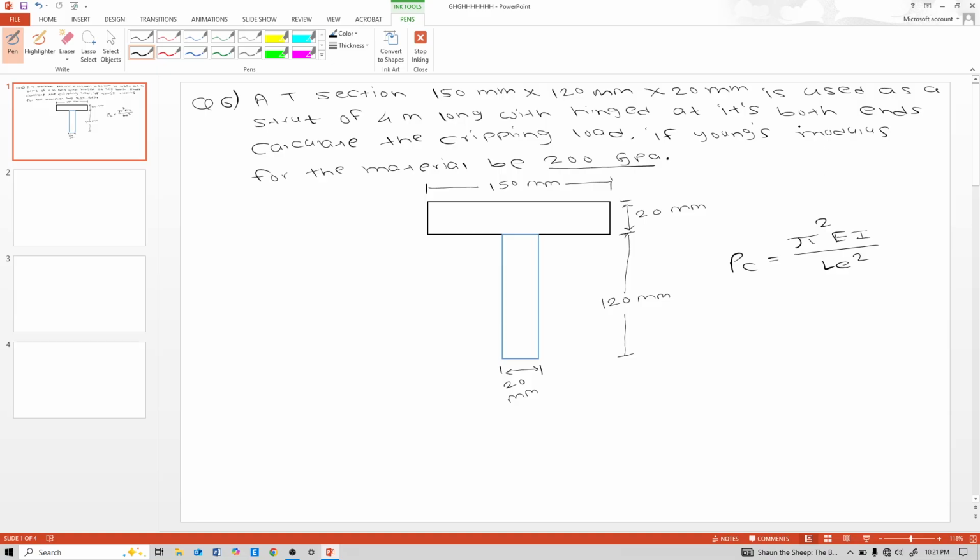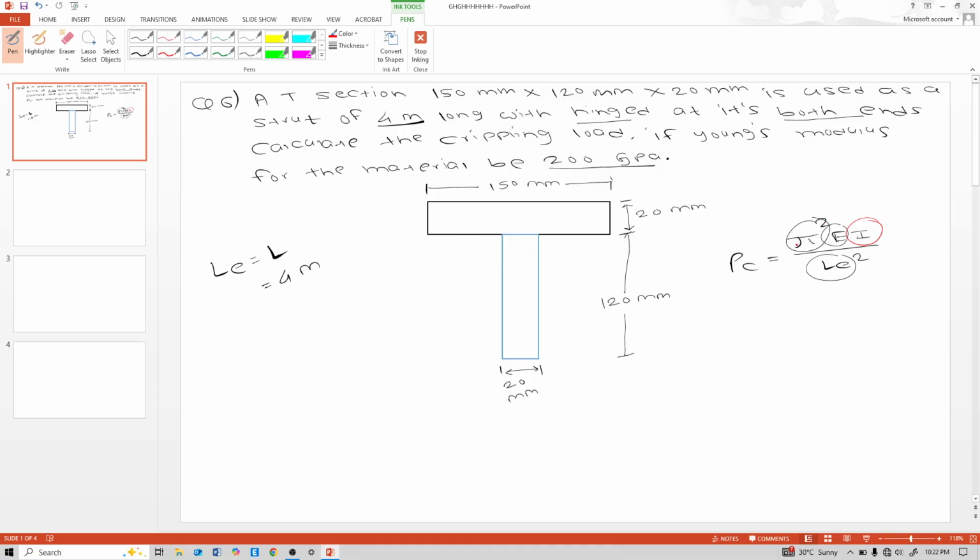In this numerical they have given the end condition, both ends hinged. That means effective length is equal to actual length, and the actual length given is 4 meters, so the effective length is 4 meter. So this is a given quantity, this is constant, so we only need to find this I.